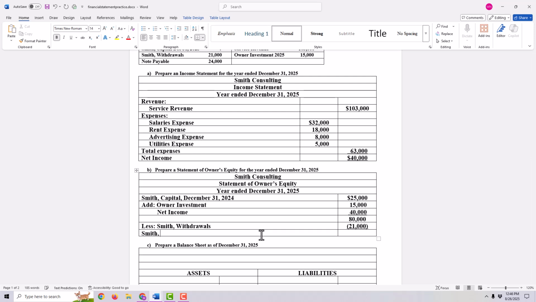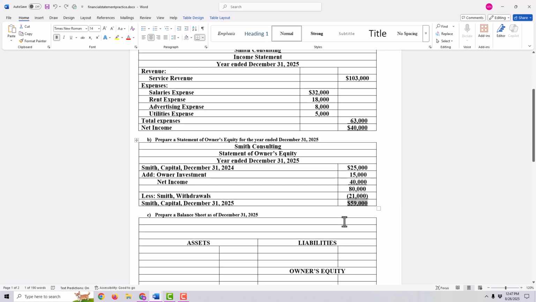And then what I'm going to have left is the owner's capital at the end of the year. So if I take 80,000 minus 21,000, I get 59,000. And this is supposed to be a double underline underneath this 59,000, but it's really hard to tell.